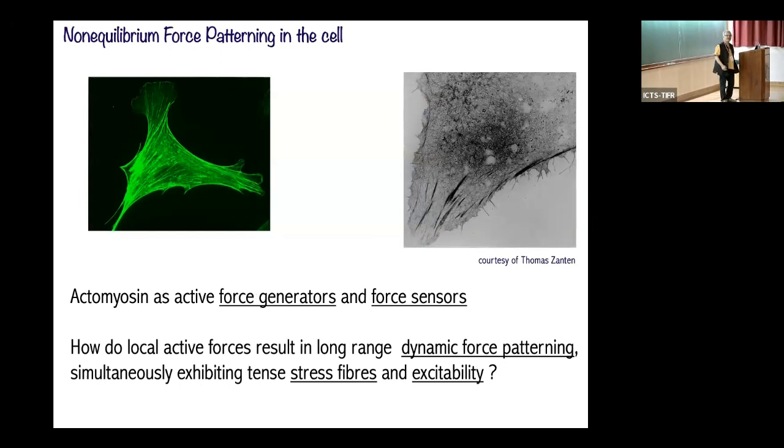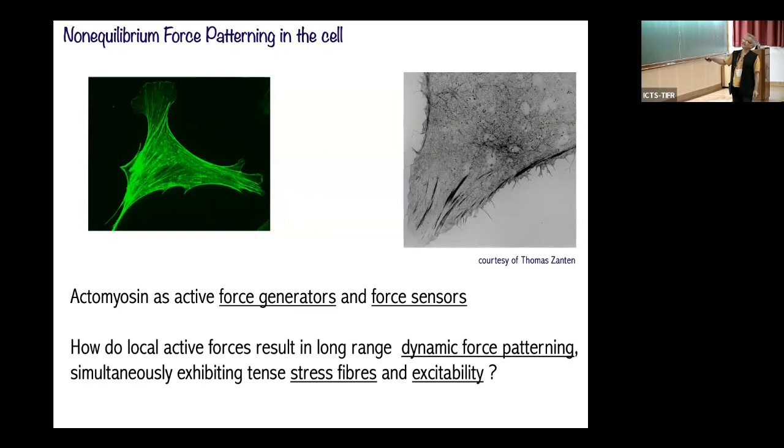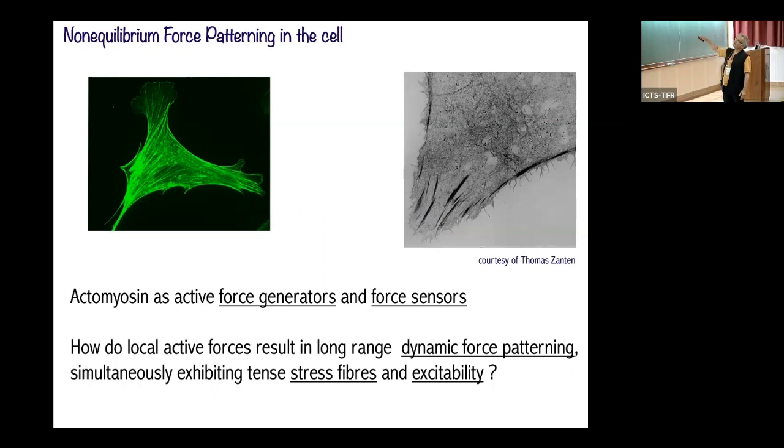Okay. So now the same picture. This is what you saw here before. And this one is a phenomenon that coexists with this kind of structures. It shows the excitability of exactly the same thing, the actomyosin network.